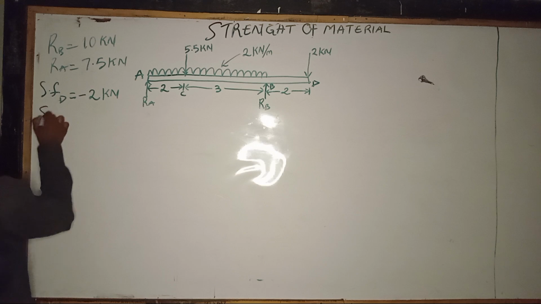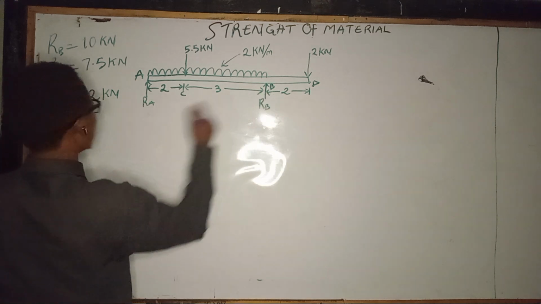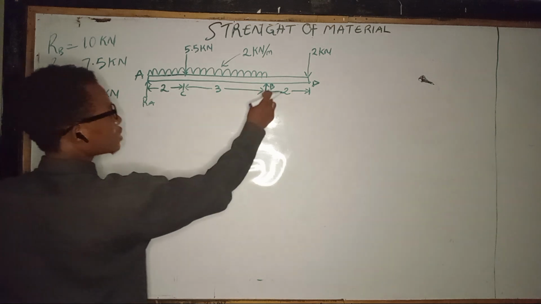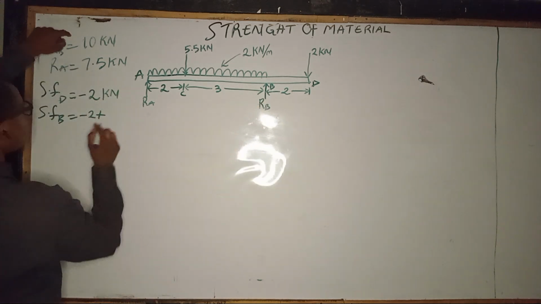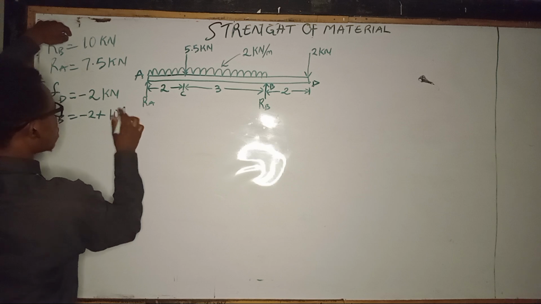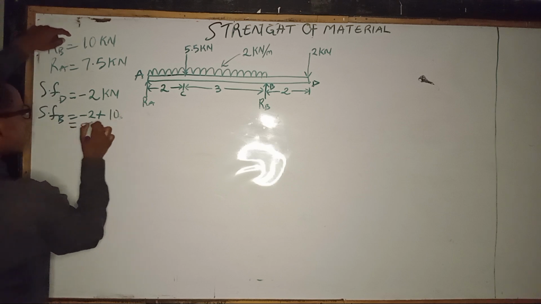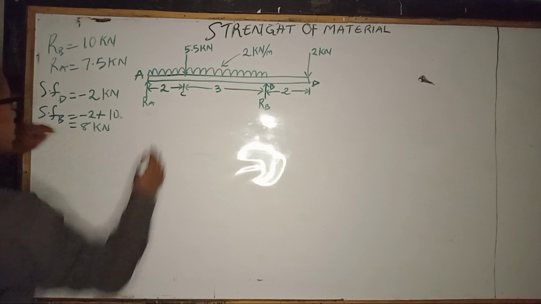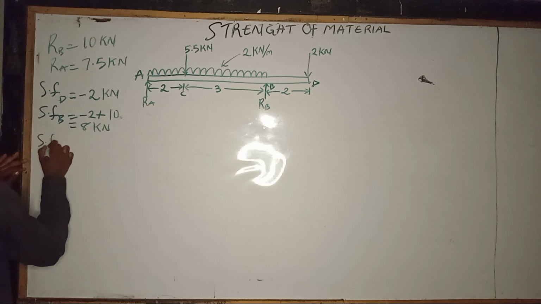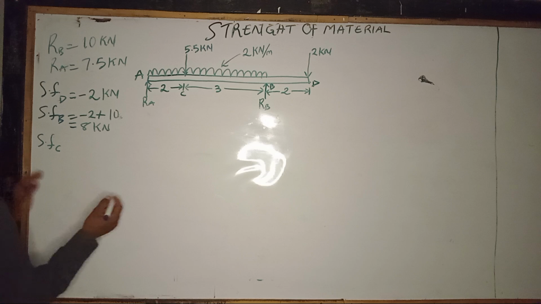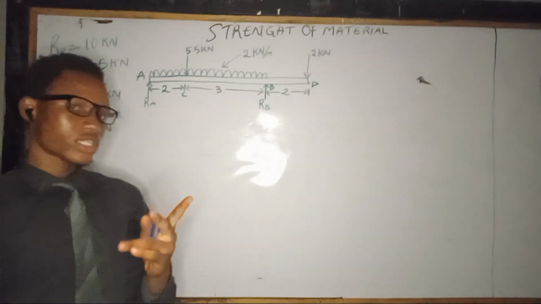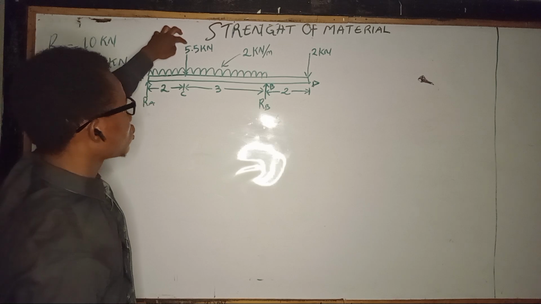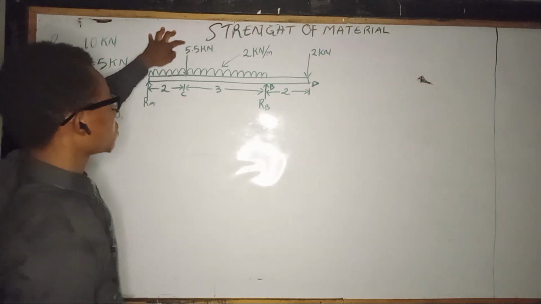Then the shearing force at B will be equal to minus 2 plus the reaction at B here, which is 10. It will now be equal to 8 kilonewton. So that is our shearing force at B. Then our shearing force at C. Now we have two shearing forces at C. We have to calculate the shearing force without the point load and the shearing force with the point load.